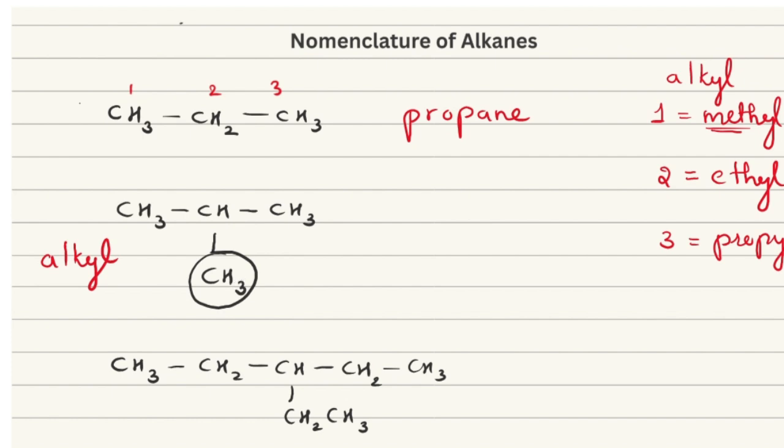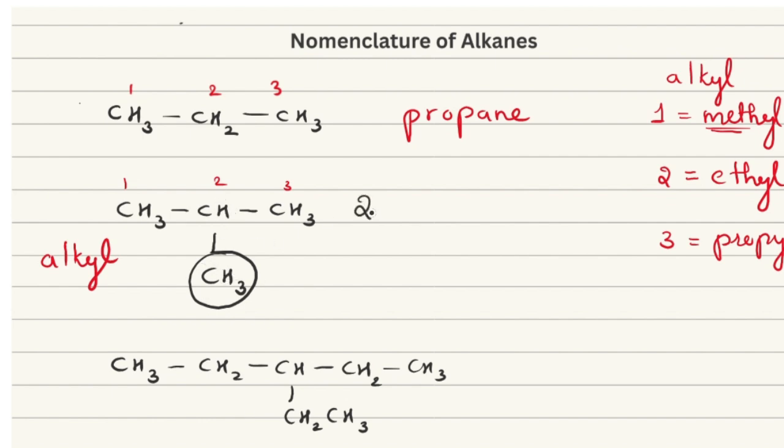Once you identify the substituent, number the chain in such a way that the substituent carbon gets the least possible number. That means what? If I number from here 1, 2, 3, and if I number from here also, it's going to be 1, 2, 3. The methyl is going to be on 2. So on the second position, there is a methyl.